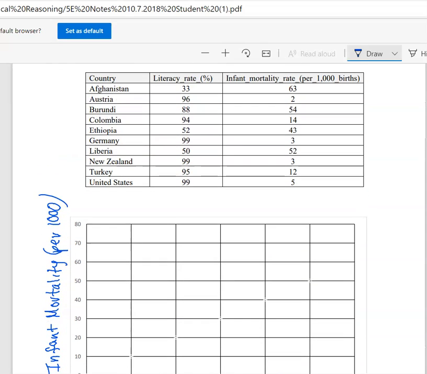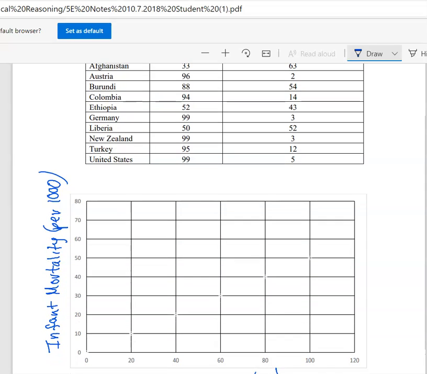So if we're plotting these points, we would want to plot the point 33, 63. So I'm going to go down here. So 33 is going to be about right here. 63, we're going to have to make estimates on these. 96, 2. 88, 54.